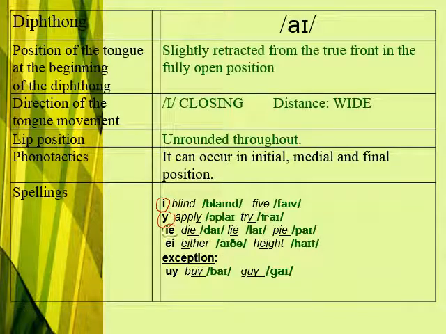Also in IE, as in die, lie, pie, and EI, as in either or height. The exceptional case, a spelling that is not common but it may happen, is the U plus the Y, as in buy and guy. Please copy these examples.